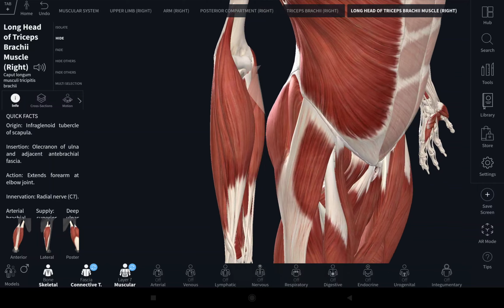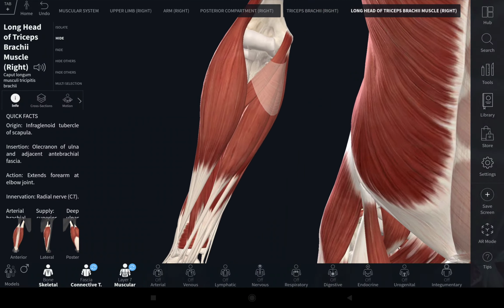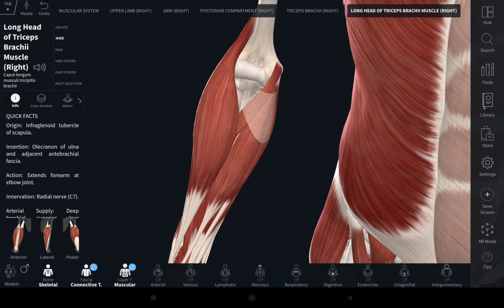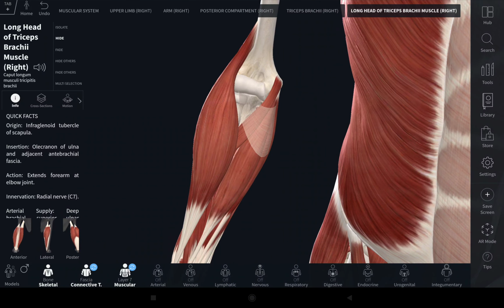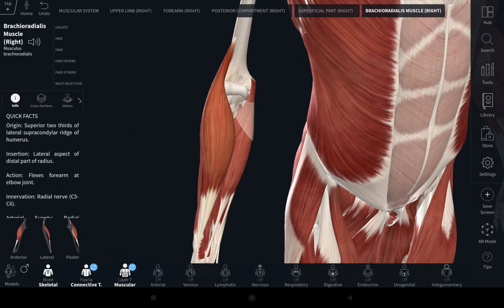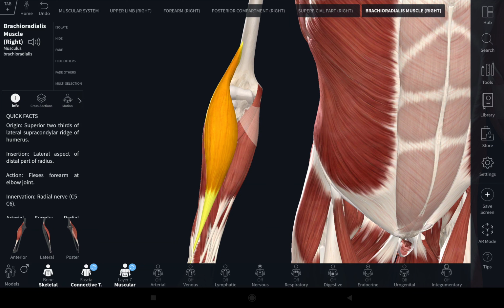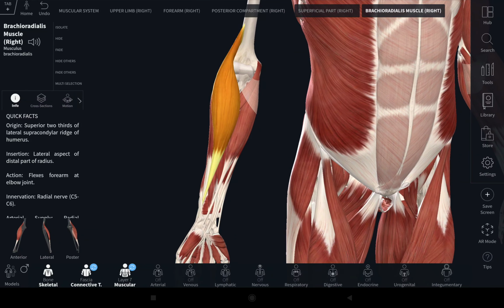First, from lateral to medial, see here carefully. There is a big muscle. This is the brachioradialis muscle. From the name, we easily understand that this muscle arises from the brachium or arm, which is the humerus, and it inserts into the radius.